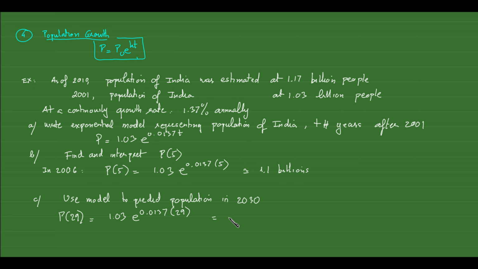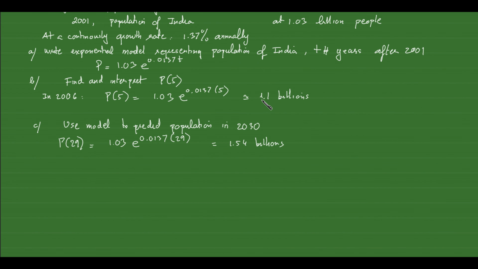Alright, so around 1.54 billion. So that is the population in 2030.